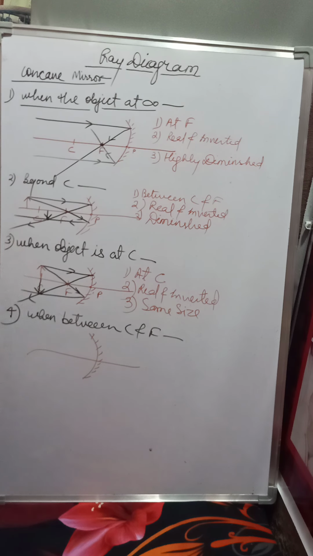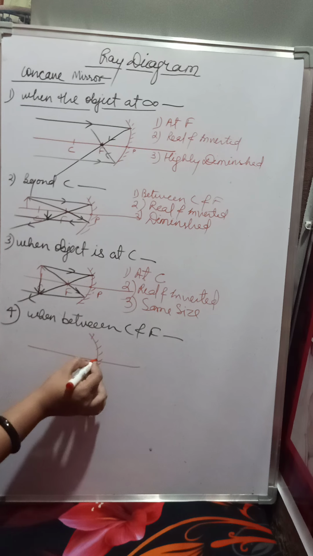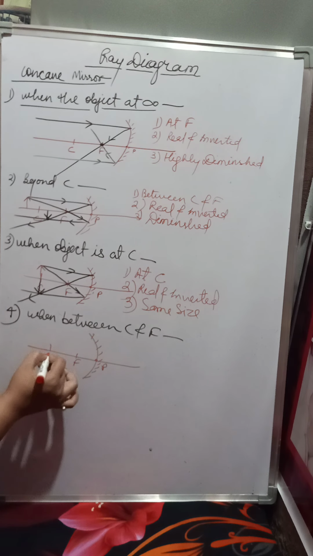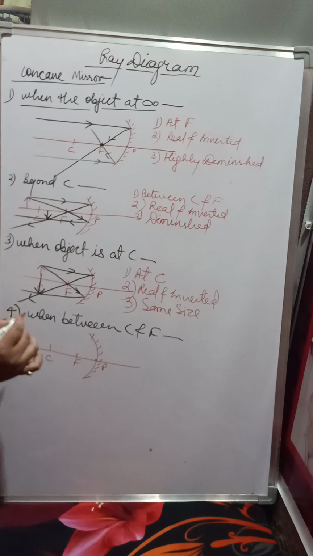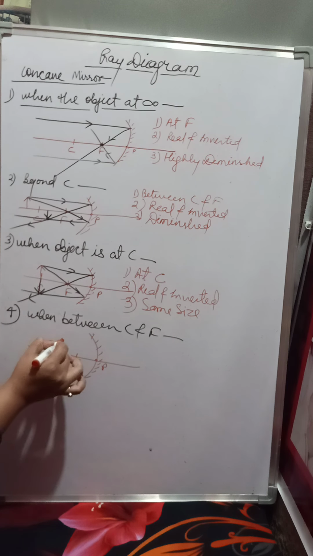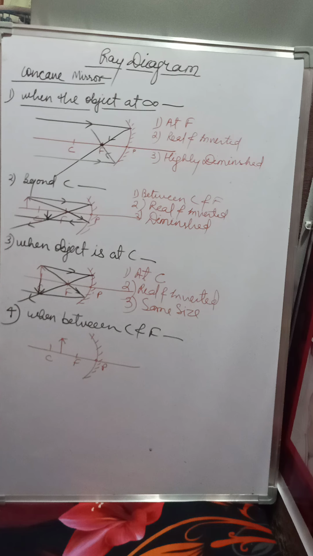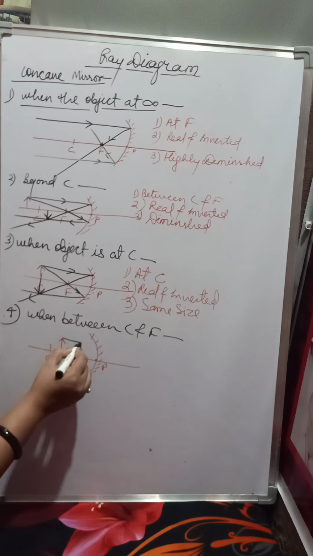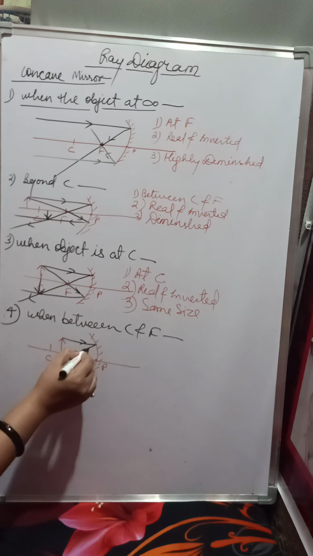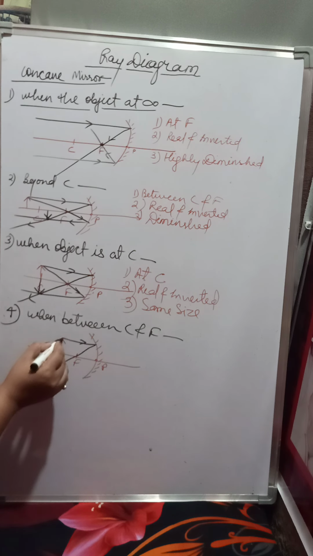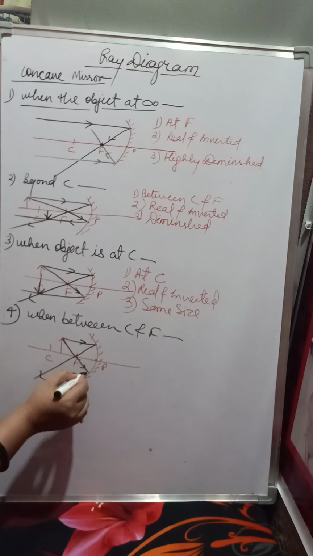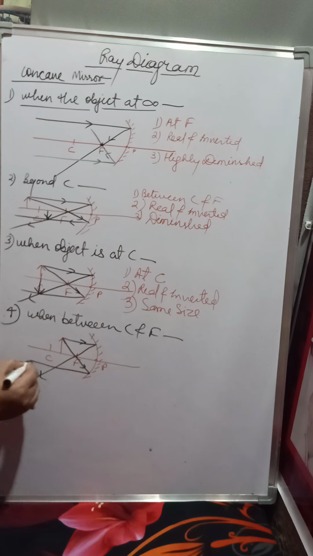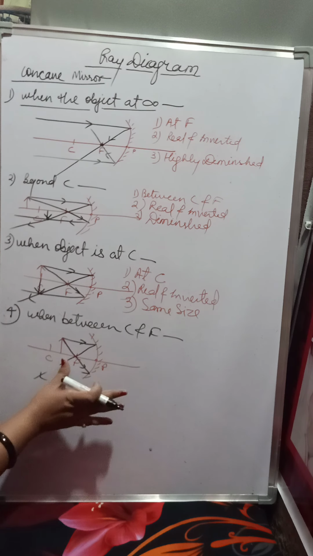When the object is beyond C, the image is formed between C and F. When the object is between C and F, the image will be formed beyond C. Pole, focus, center of curvature. When the object is placed between C and F, the first light ray is parallel to the principal axis. After reflection, it will pass through the focus. Second light ray, if it passes through the focus, then after reflection, it becomes parallel to the principal axis.